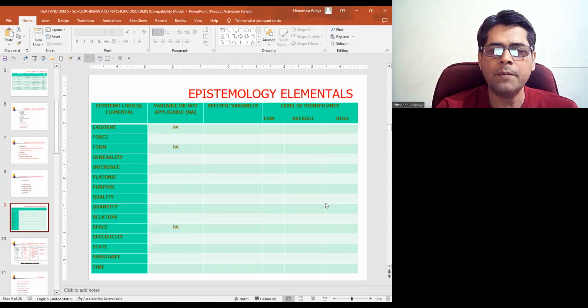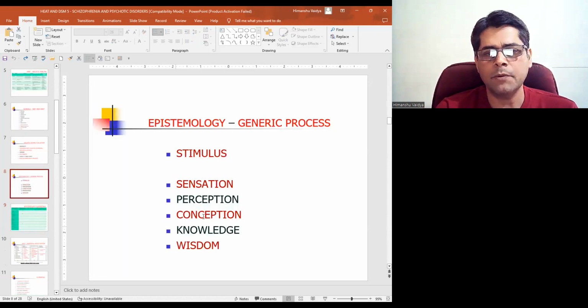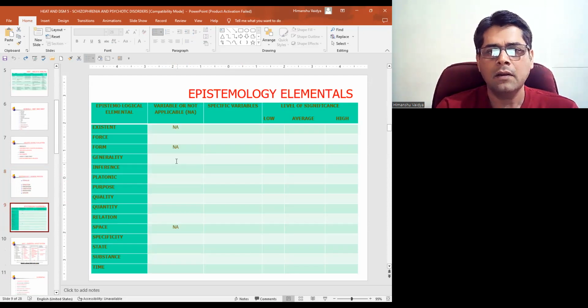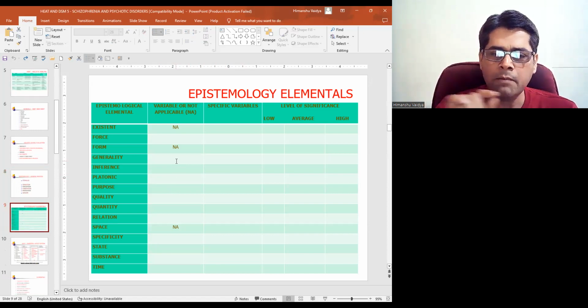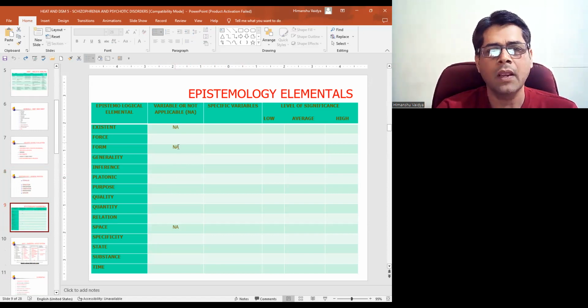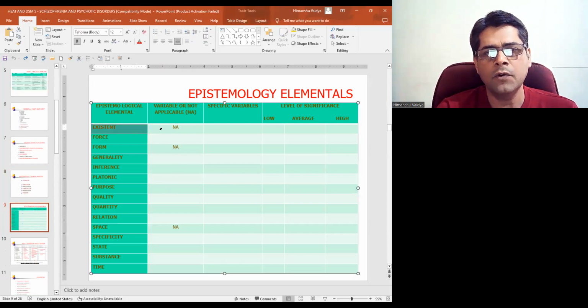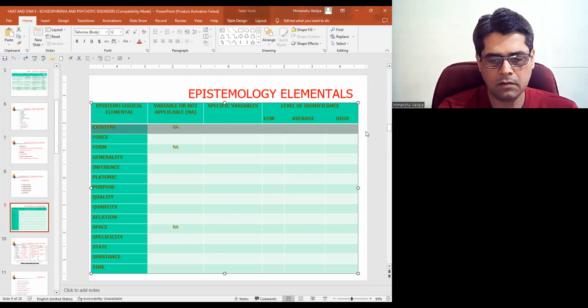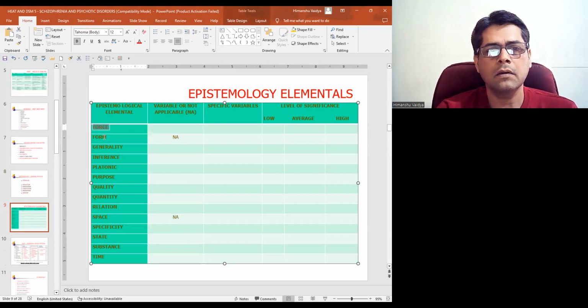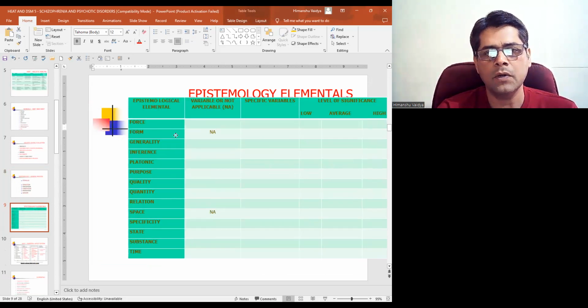Then we get into epistemological elementals which are at work in this process. Because in this process, essentially elementals will get processed. And these elementals are the elemental variables in that process. Certain elements you can remove, like this is not useful to us. This is not useful to us.